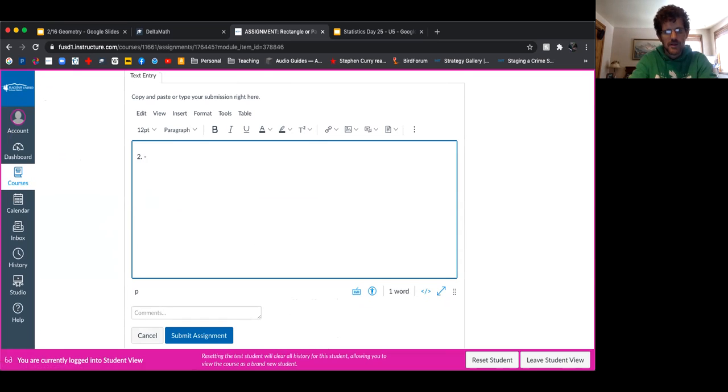I'm making stuff up. -3/7 times 6/3 equals -18/21, and therefore it is not a rectangle. It's just a parallelogram. So, I mean, something like this really gets the point across. I can see what you did. It makes sense to me.